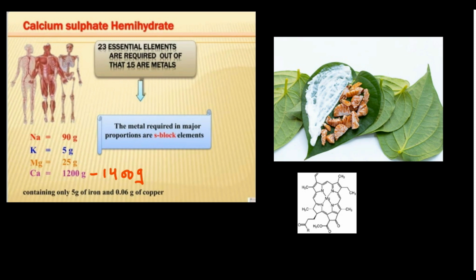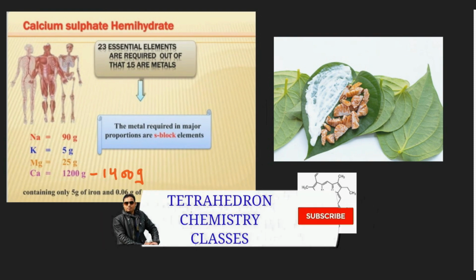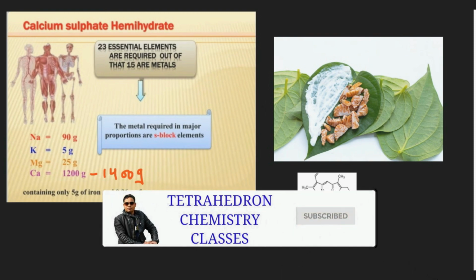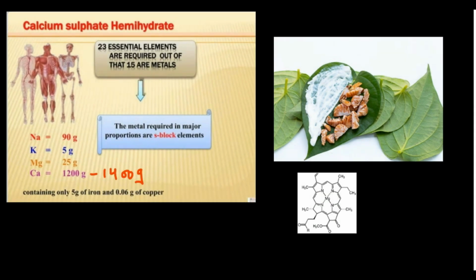See, what we people do actually, we take very expensive and costly supplements to overcome the problem of calcium. However, I think there is no need to go for those expensive supplements. You take a little lime, and you put it on the betel leaf and consume it regularly.